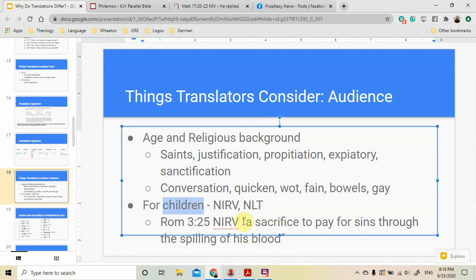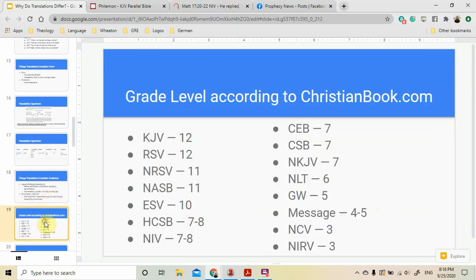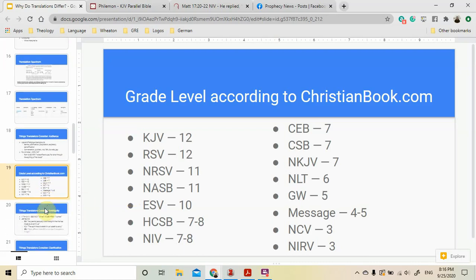And so we can see here in Romans 3:25, the NIRV says that Jesus is a sacrifice to pay for sins, rather than using propitiation, which is used in the King James and the ESV. So here's a chart of the different reading levels. The point being that some translations are easier to read than others.